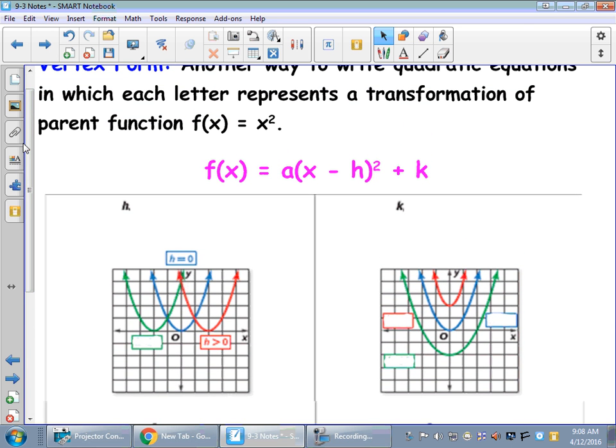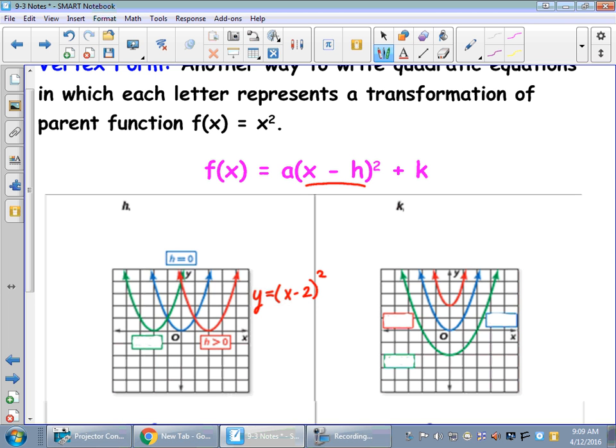What I want to mention here is that vertex form looks like x minus h, so it looks like it's negative. But if you plug in a positive h value, it's still going to look negative. For the red graph, that would be something like y equals x minus 2 squared, because it shifted to the right 2 units.